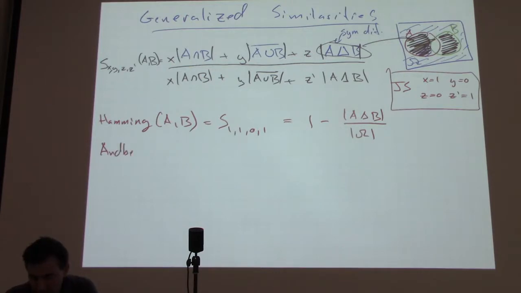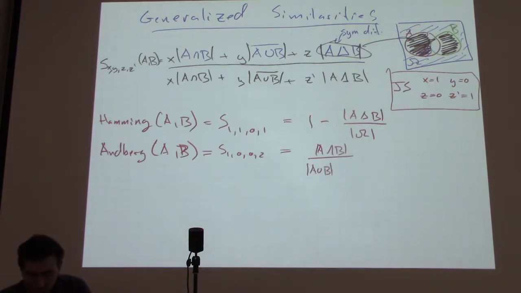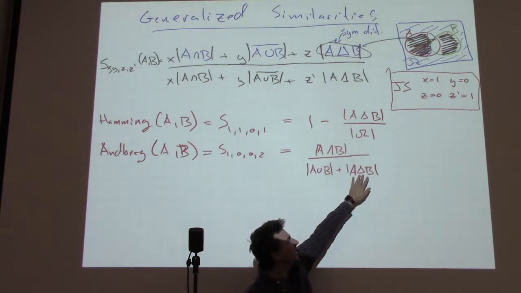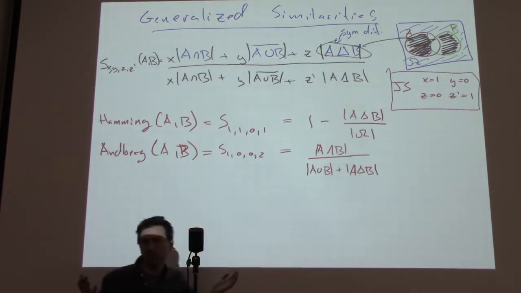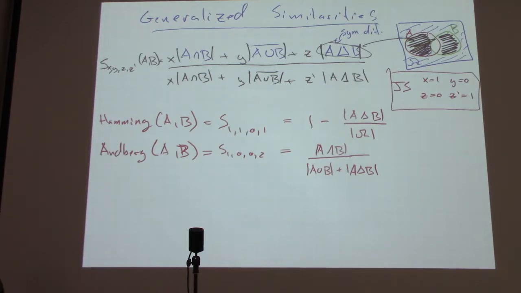So the Andberg similarity is going to be defined with parameters 1, 0, 0, 2. The simplified form is A intersection B divided by A union B plus A symmetric difference B. This looks a lot like the Jaccard similarity, but I'm weighting the symmetric difference a bit more in the denominator.